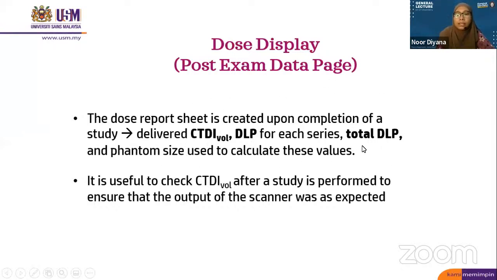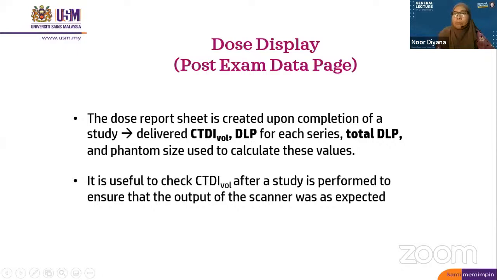This is important, and it is recommended to send the dose report to PACS together with the images, because it will be the reference for the medical physicists to monitor and manage the dose in radiology. It is also useful to check CTDI volume after a study is performed to ensure that the scanner output was as expected.